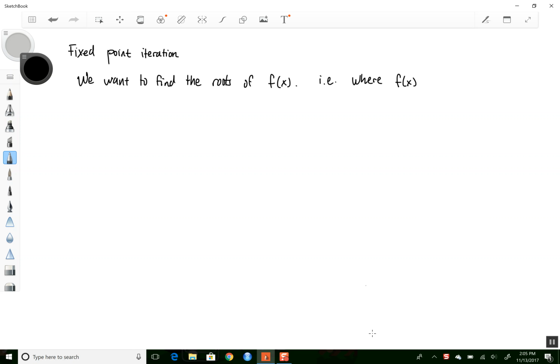All right, so we left off on Wednesday and we talked about fixed point iteration. The idea with fixed point iteration is we want to find the roots of some function f of x, that is, where f of x equals 0.